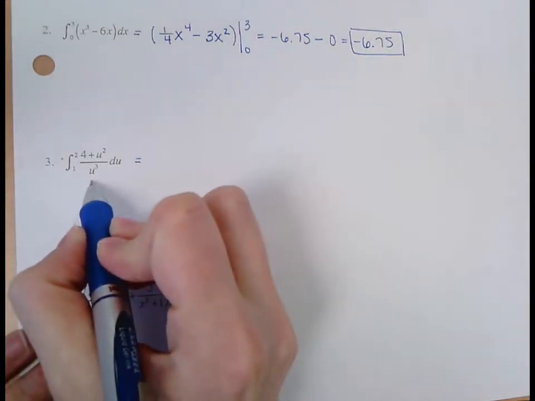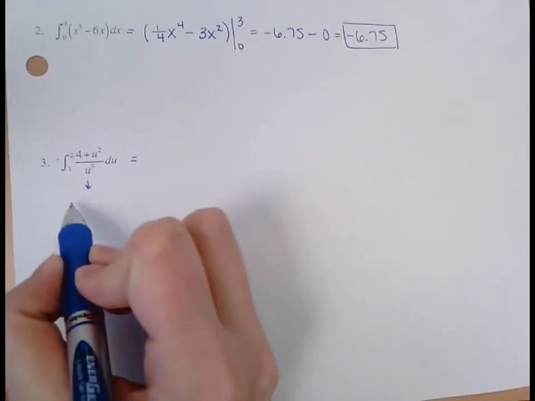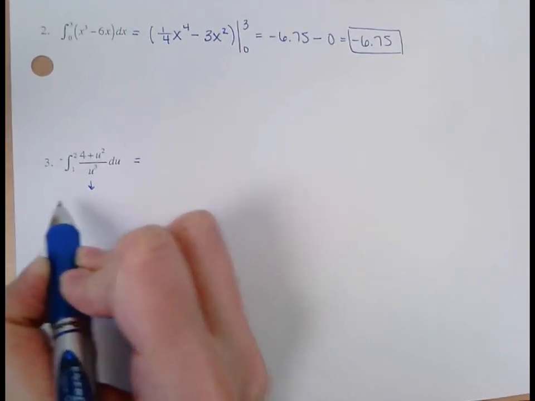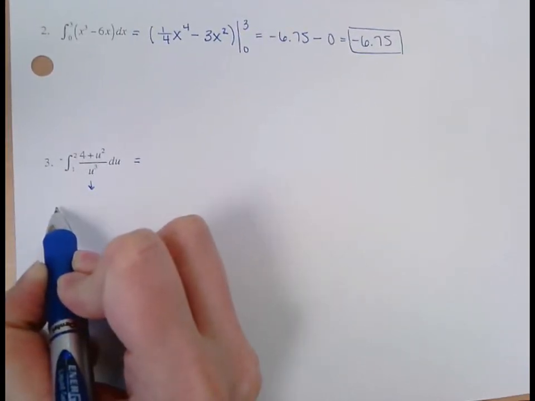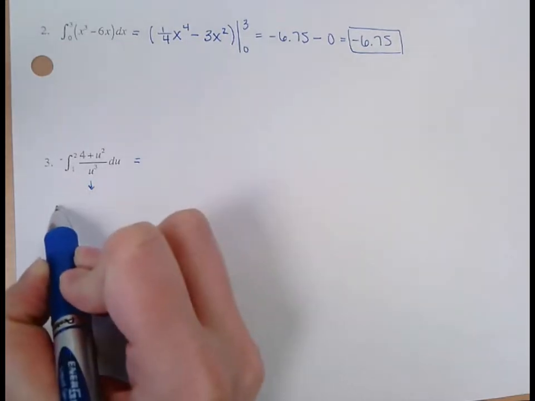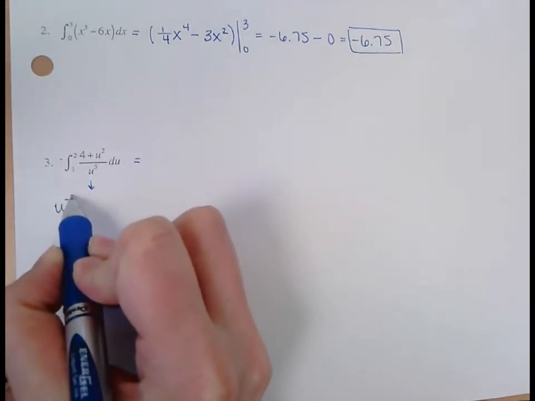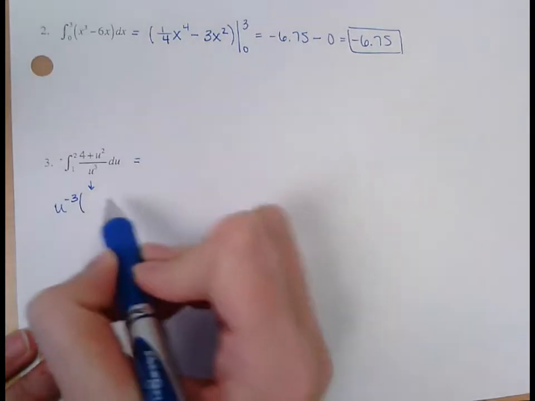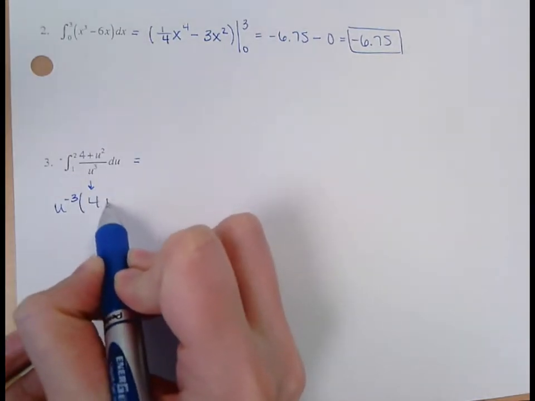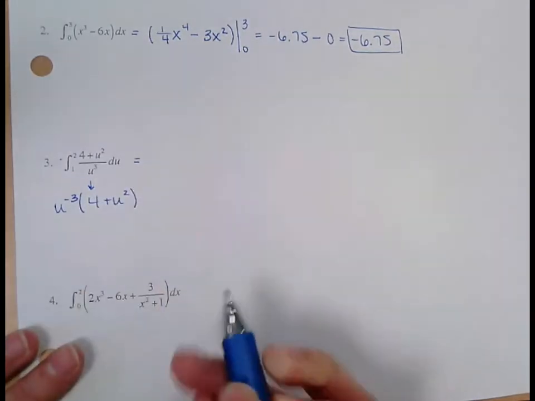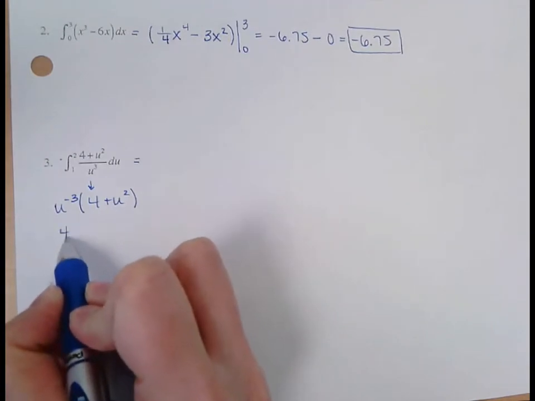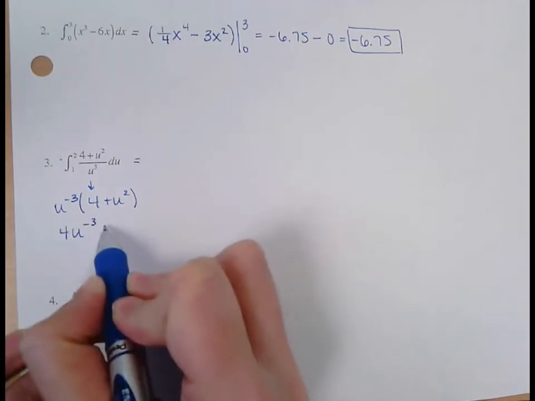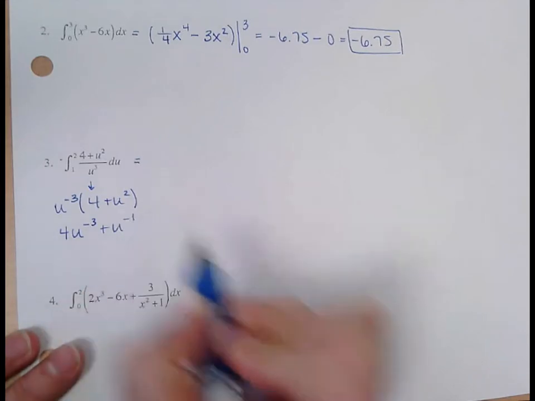So how did you do that? Okay, so you brought the u to the 3rd up to make it a negative exponent and then distributed it to the 4 plus u squared. So it would be 4u to the negative 3rd plus u to the negative 1st.